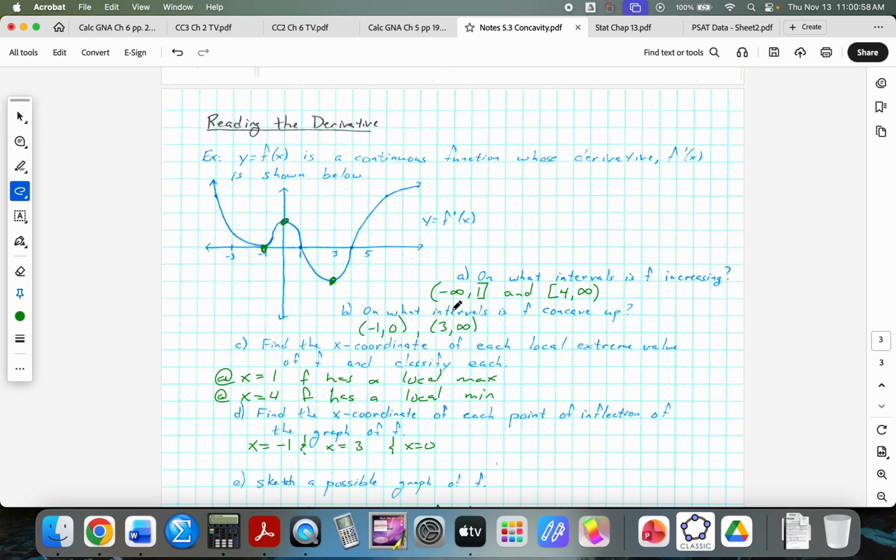Because f prime measures steepness. No. The tangent line to this is going to be horizontal, but on the original function it's not. On the original function, this is going to be the steepest point in this neighborhood. This will be the steepest place in this neighborhood and the steepest place in this neighborhood.